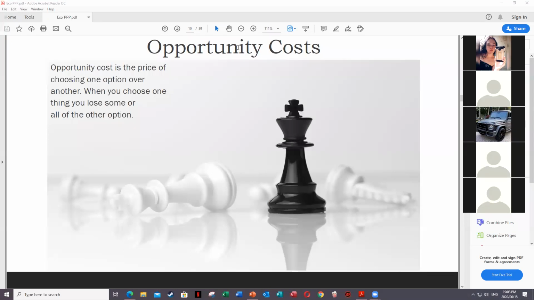If you choose McDonald's, then your opportunity cost would be the curry, which, let's say, would in theory be tastier because it's homemade. But if you choose the curry, then you're losing out on the McDonald's, and it takes a lot more time to make that curry.